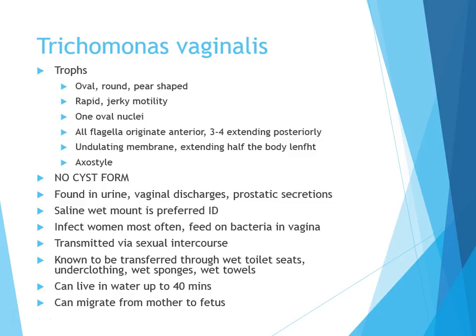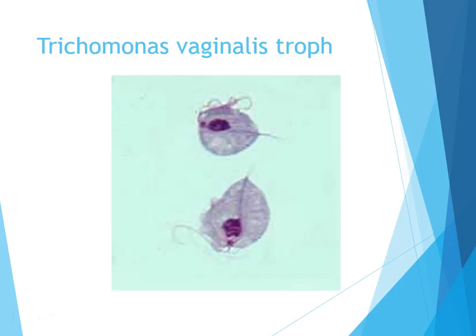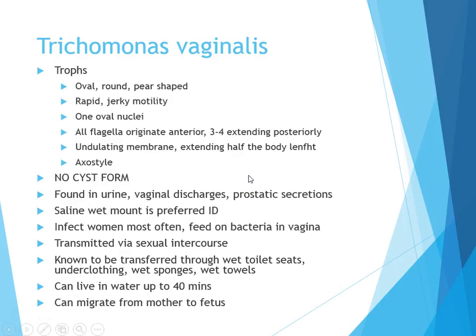The undulating membrane is only half of the body, so it starts here and it stops here. With hominis, it goes all the way to the end. Okay, it has an axostyle. There is no cyst form. It's found in urine, vaginal discharges, and prostatic secretions. The saline wet mount is the preferred ID.